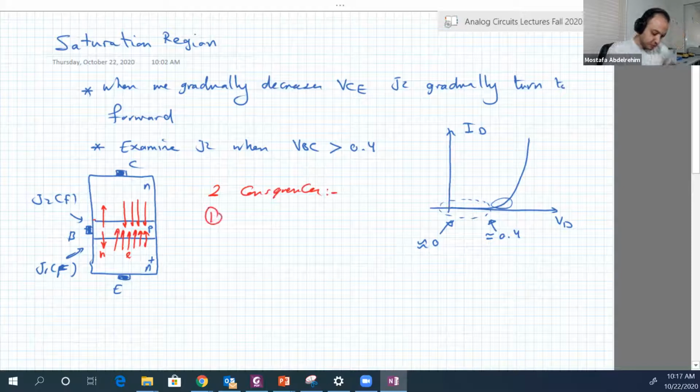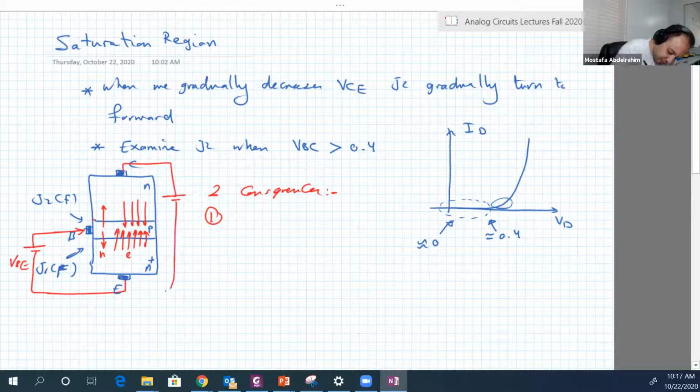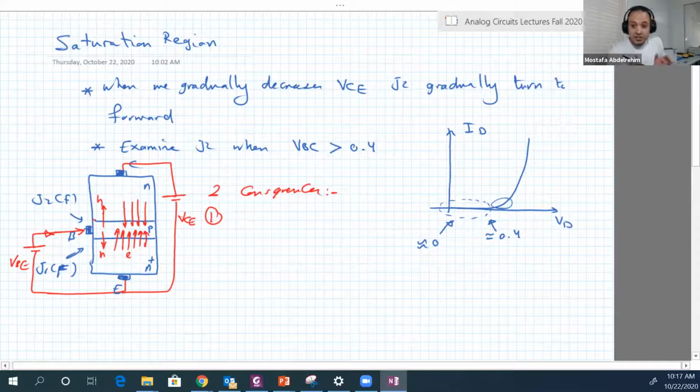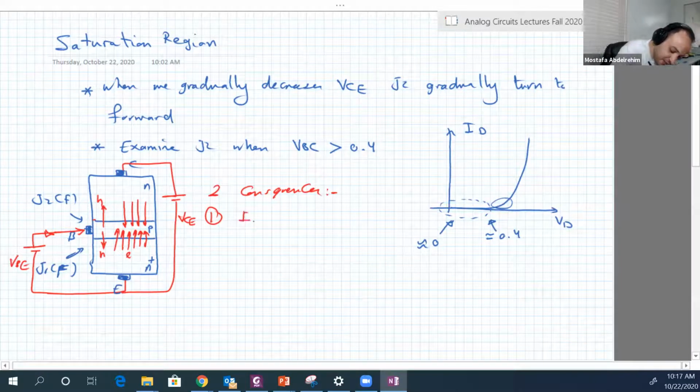Number one. Remember IB, which is flowing. Let's draw here the VB and VC. Remember there is IB that is going in that way, and IB was actually equal to I hole. Now there are holes going downward and upward. So IB should increase.